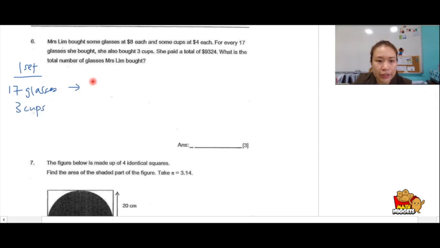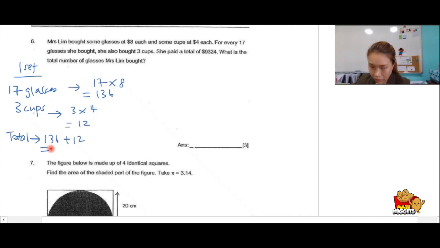So let's find out how much is that. 17 glasses will be 17 times 8, which is $136. 3 cups, 3 times 4, which is 12. So the total amount in one set is 136 and 12, which gives us 148. So $148 in one set.